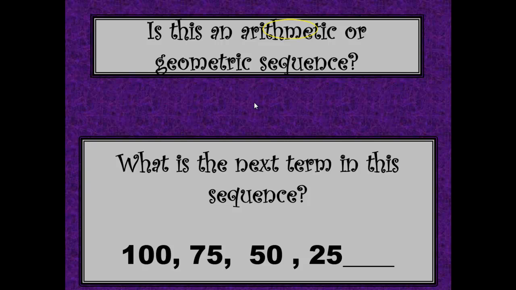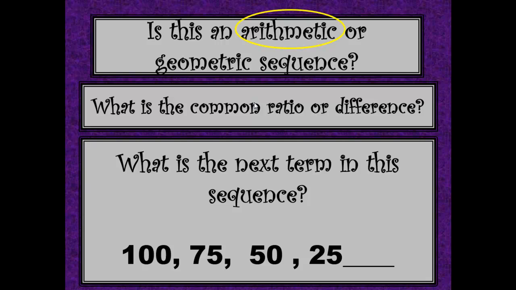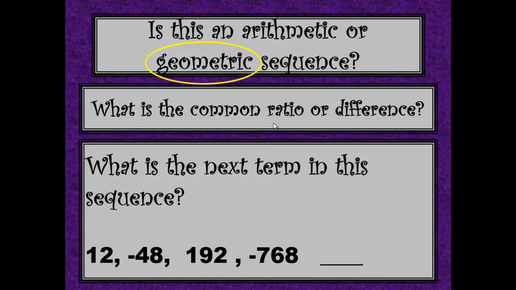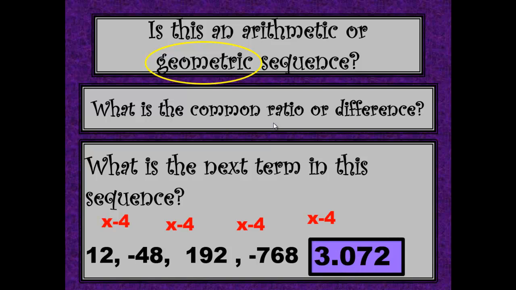It is arithmetic, guys. What is the common difference? Oh, -25. So the next term is none. Okay. How about this one? Okay, right, geometric. What is the common ratio? -4. Multiply by -4, the next term is 3072.